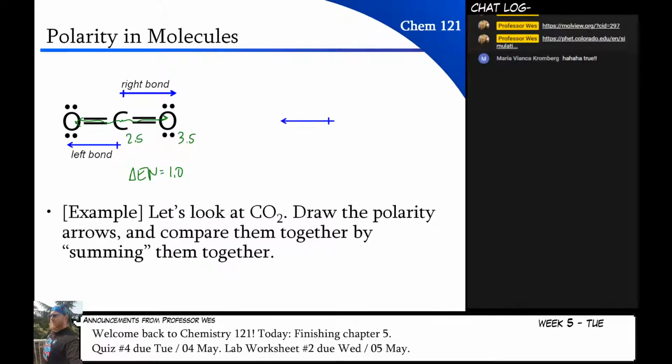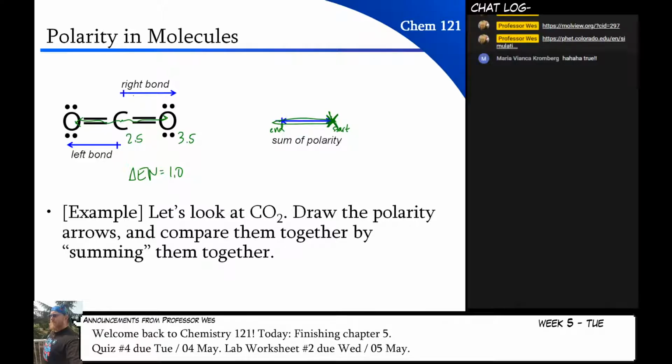When you add arrows together, you start where the previous one ended. So here's my first arrow. I started at this point and ended here. My next arrow is going to start at the end point. And you'll notice that I started here and went to that, and then I came straight back.